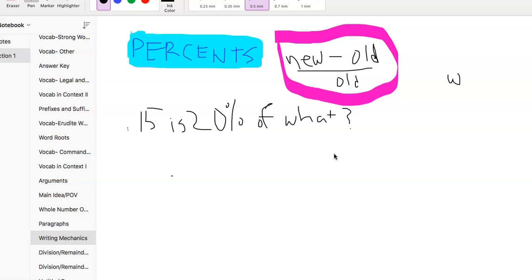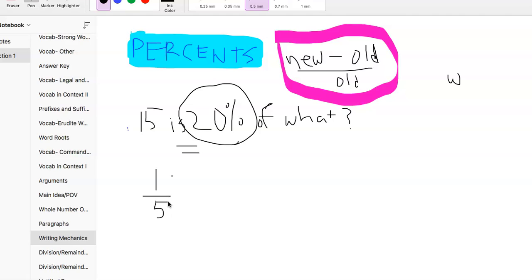Okay, so let's focus in first of all on this 20%. We're going to have to turn this into a formula. So we want to know that right away. 15 is, and when we see the word is, that means equals. Equals 20% of some number. 20%, we can write that as 1 over 5. 1 over 5 equals 0.2.